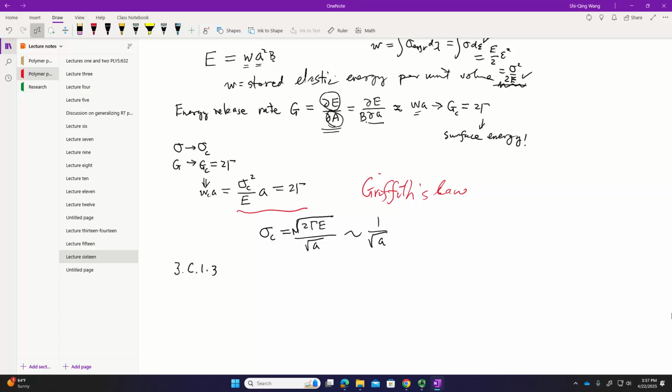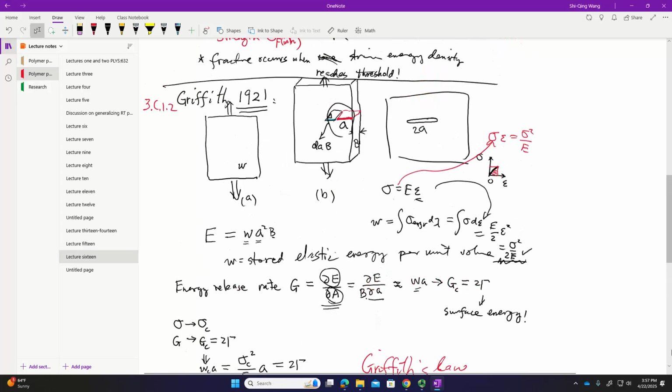As I keep complaining, we should have invented more than 26 letters. E is Young's modulus here. In my notes, to honor Griffith, I had something like EG.